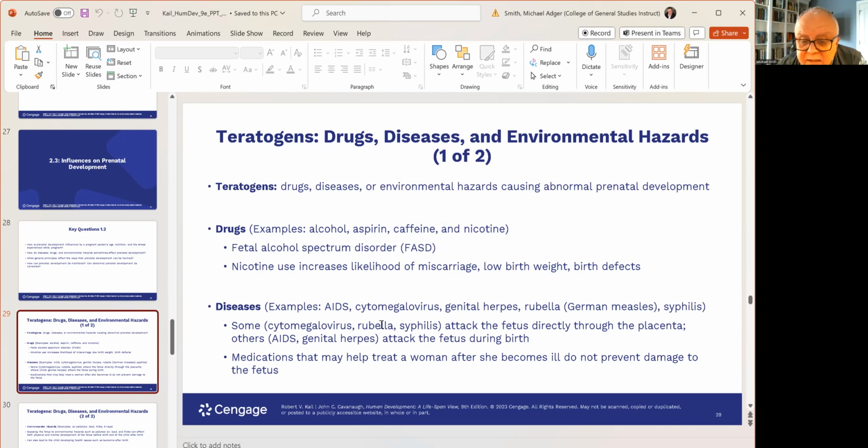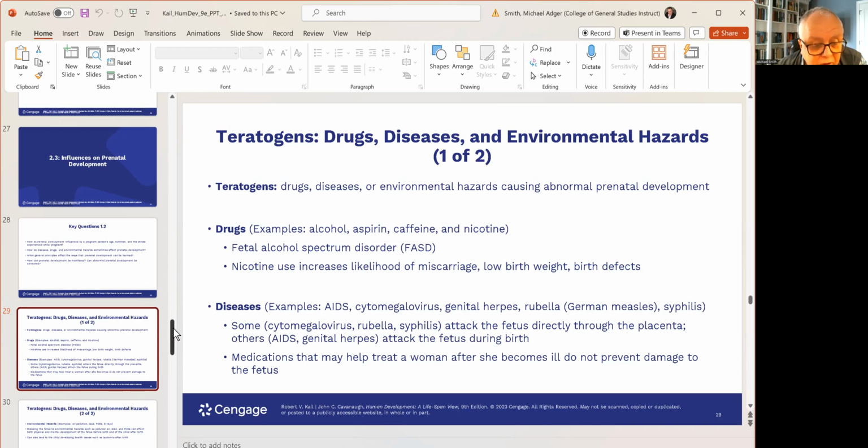Diseases like AIDS, all kinds of viruses, genital herpes, rubella, German measles, syphilis, all those things can affect the baby. Sometimes they will affect the baby directly through the placenta and will attack the fetus during birth. There are medications that may help to treat a woman after she becomes ill, but yet not prevent damage to the baby, which is really difficult.